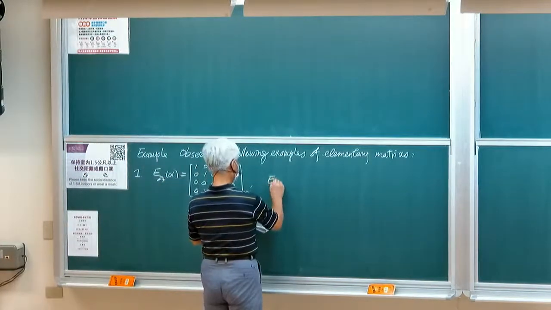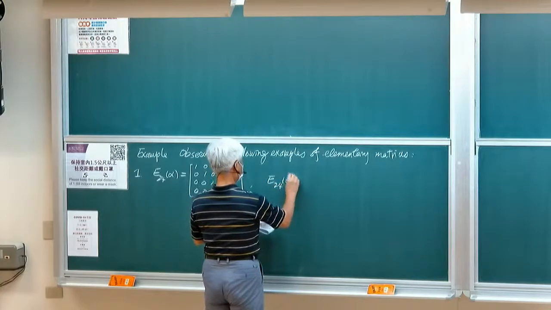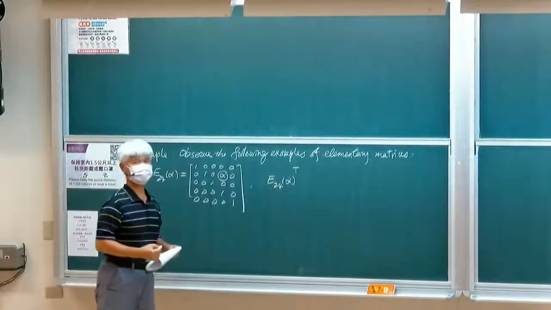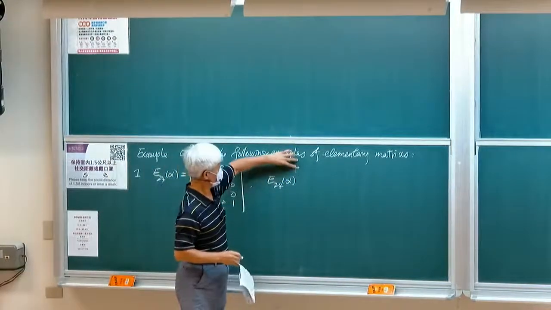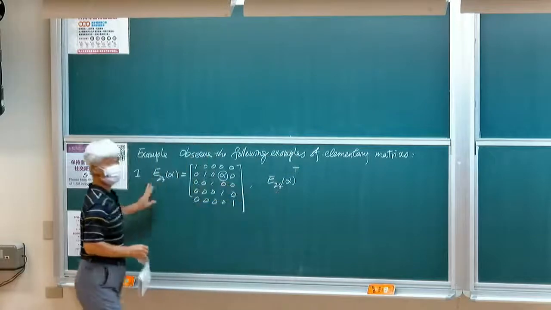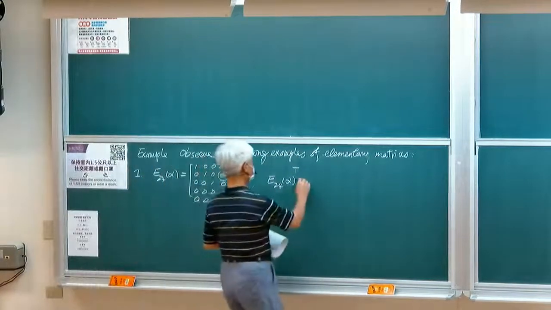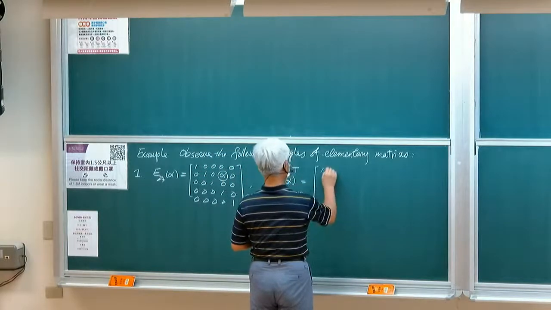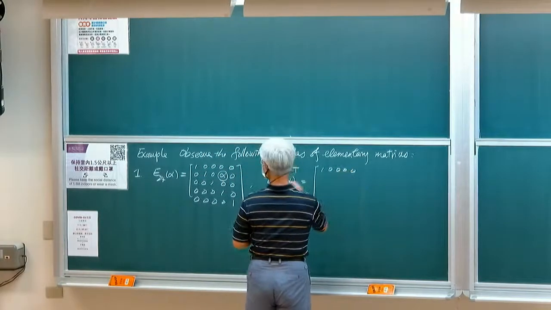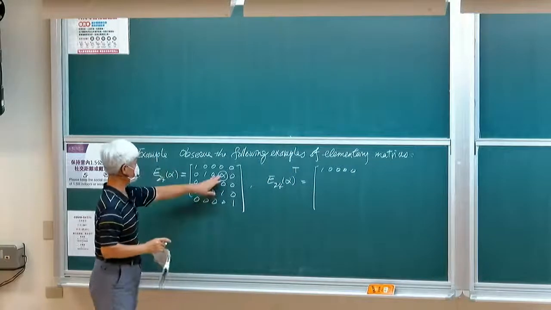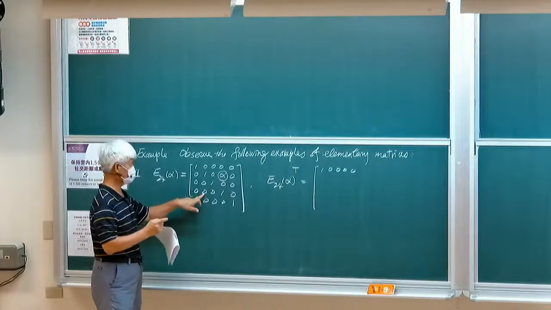But when we look at the transpose of this elementary matrix, we find that the alpha goes to this position here.